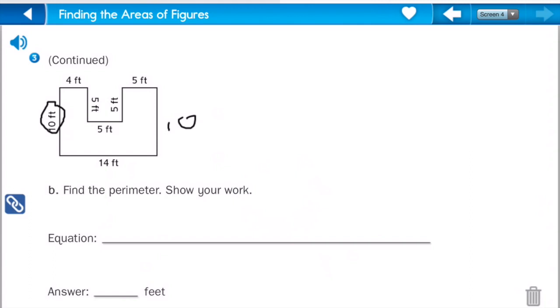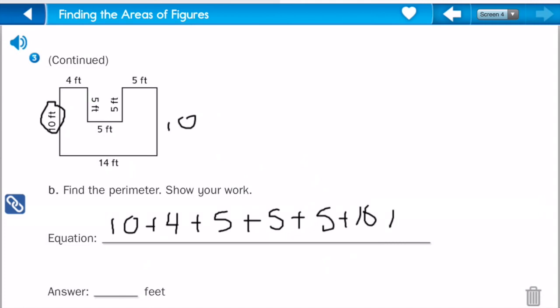And so now I just need to add all these together. So I'm going to start with 10 plus 4 plus 5 plus 5 plus 5 plus 10 plus 14. Oh, it looks like I forgot a 5.